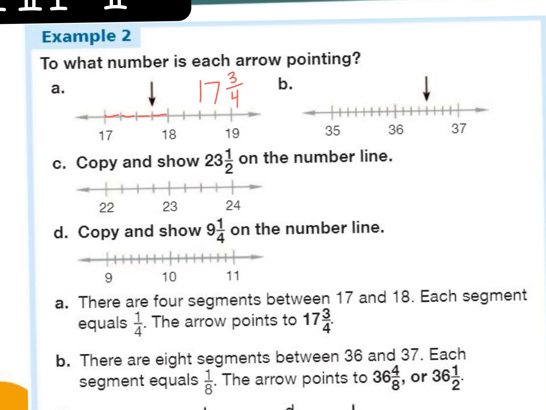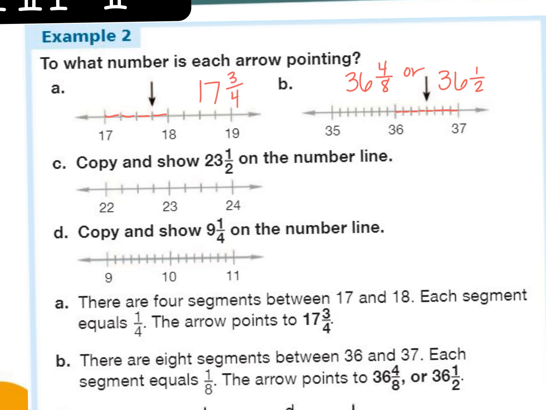Okay. B is broken up differently. What would my whole number be on B? 36, but I need to count how many segments. So I have 1, 2, 3, 4, 5, 6, 7, 8, and I'm right in the middle. So what would that be? 4/8 or and a half. Very good.